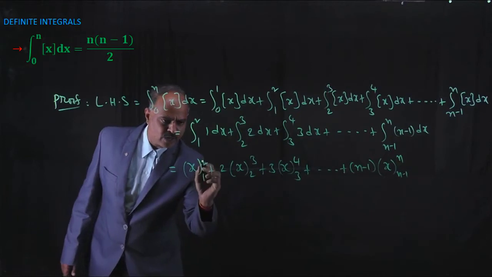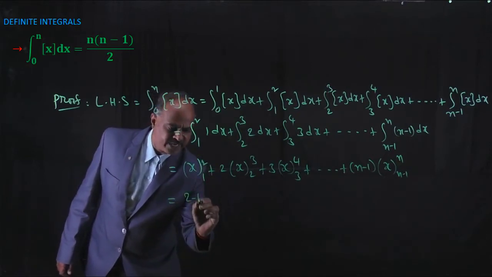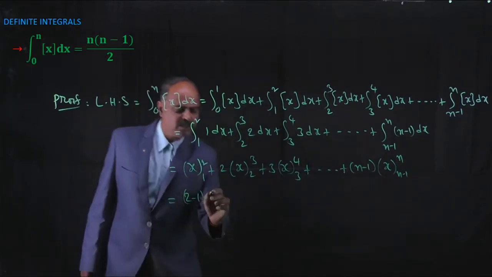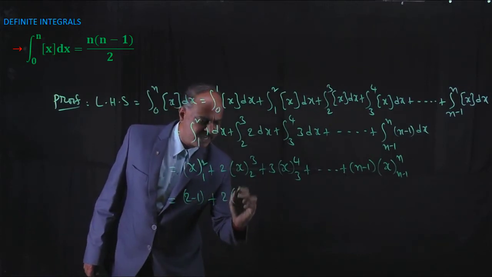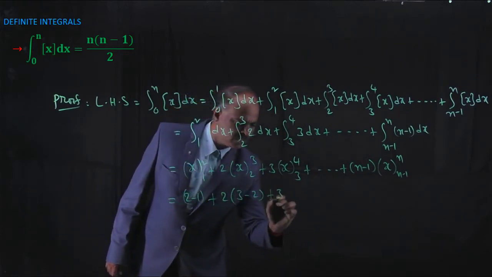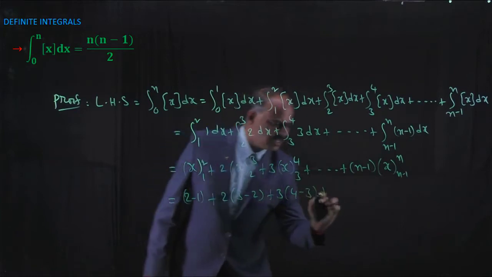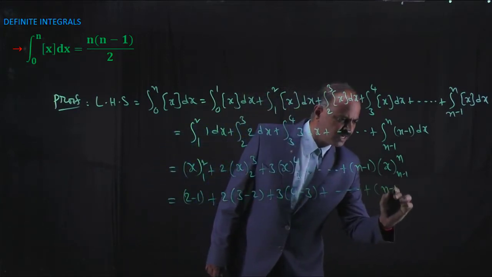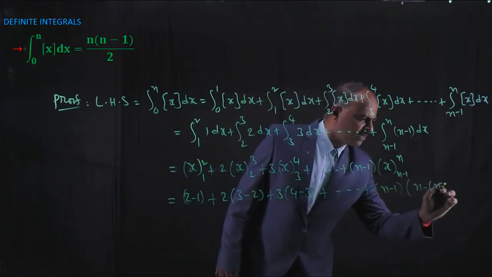Now substitute the upper limit in place of x minus substitute the lower limit in place of x: (2-1) plus 2(3-2) plus 3(4-3) and so on plus (n-1)(n-(n-1)).